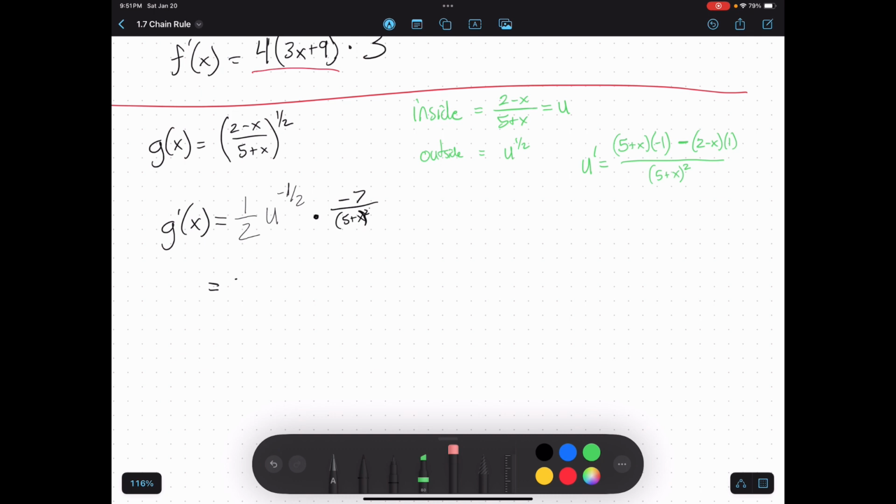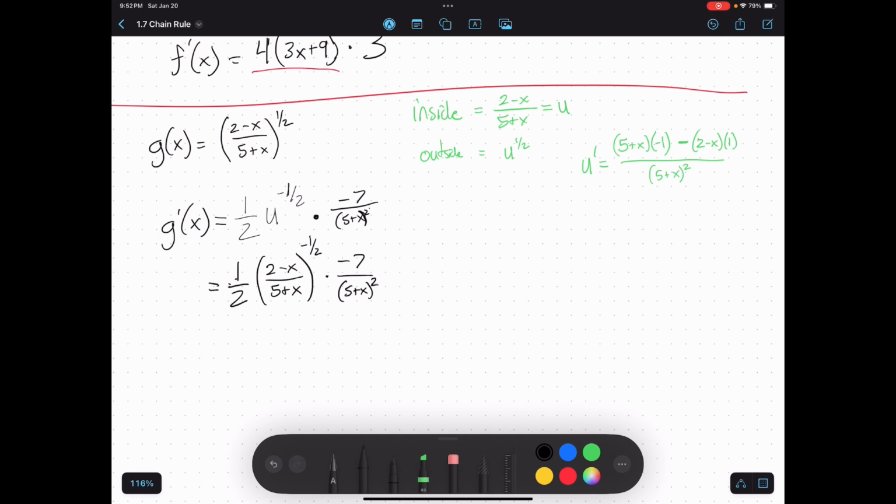That's going to get too ugly. So let me start this over. 1/2. My inside function is 2 minus x over 5 plus x, right? So I'm replacing u with what I said was my inside function, to the negative 1/2 times negative 7 over 5 plus x squared. Very nice. So all I really did is replace u with what I said my inside function was.